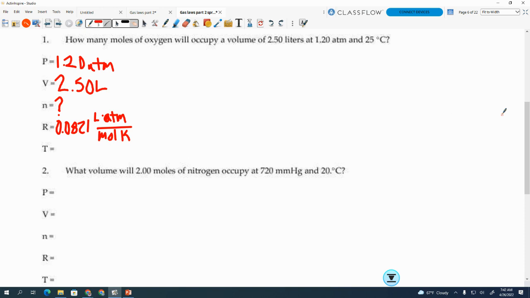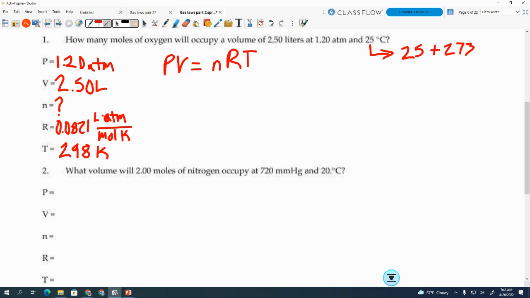And then I'm going to scroll this up just a little bit so that I have room to write. Temperature is at 25 degrees Celsius, so I need this in Kelvin. That's the only conversion I have to make. So 25 plus 273 gives me what? 298. Now, the formula that we're using is PV equals nRT.